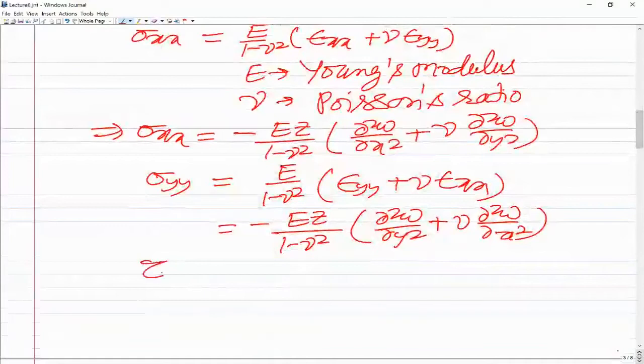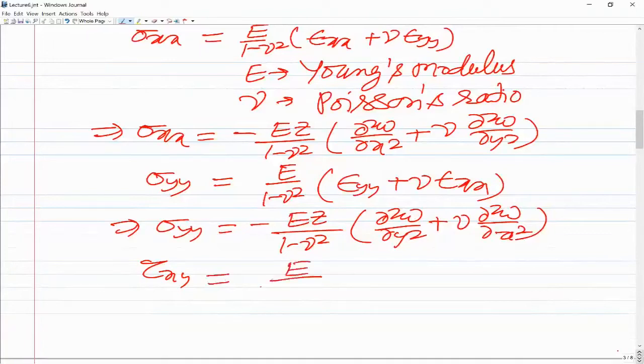Now if you look at tau xy, we know that it is G into gamma xy for a linear elastic isotropic material, and G is E upon 2 into 1 plus nu. So this into gamma xy, and gamma xy is minus 2z into del 2 w by del x del y. To keep the same form as sigma xx and sigma yy, minus Ez upon 1 minus nu square, we multiply numerator and denominator by 1 minus nu.